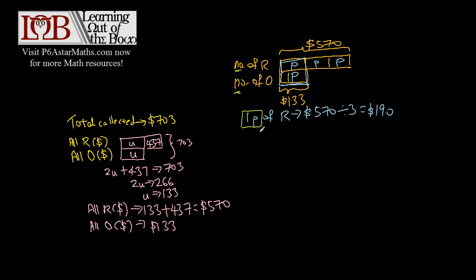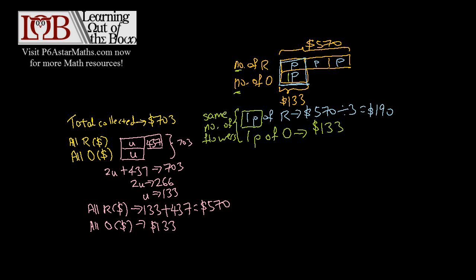So now at the bottom, one part of orchid is 133, and again remember this is the same number of flowers.